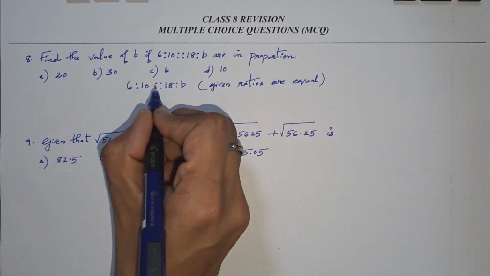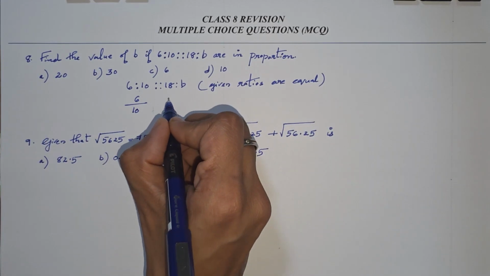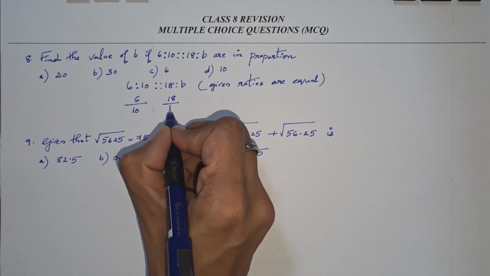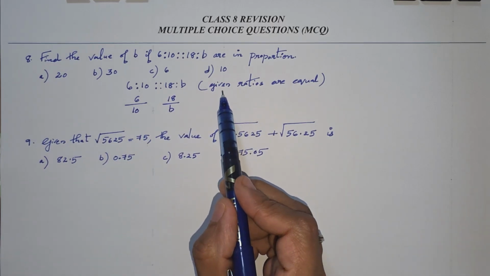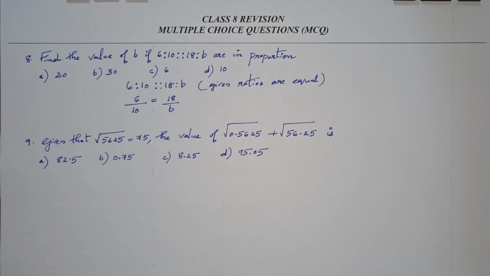Can I write 6 is to 10 as 6 by 10? Yes. And 18 is to B as 18 by B? Yes. So, since it is given to be equal, I am writing 6 by 10 equals 18 by B.